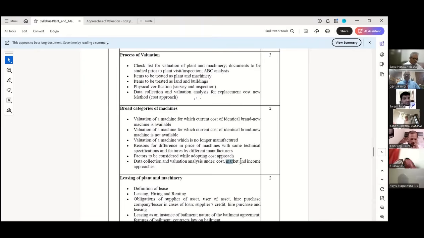Second-hand market में machinery at which price available, that you will find and adopt for the valuation process in market approach.